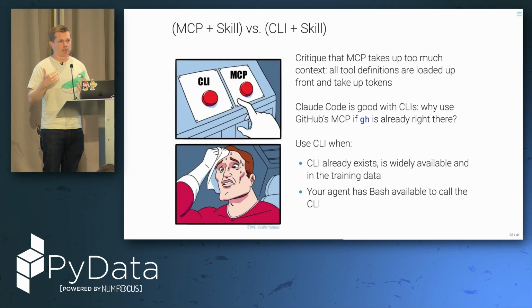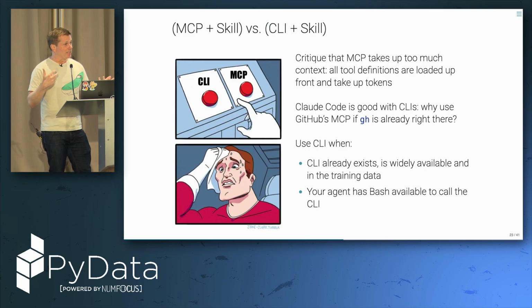This matters because when you connect to an MCP server, all of the tool definitions load at the beginning, and so they're taking up part of your context window. That may include a lot of things that you don't need. So it's wasteful for your context. It's spending tokens that you don't need, and it can make your model less efficient and confused.